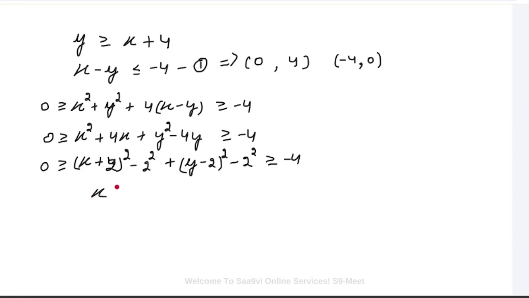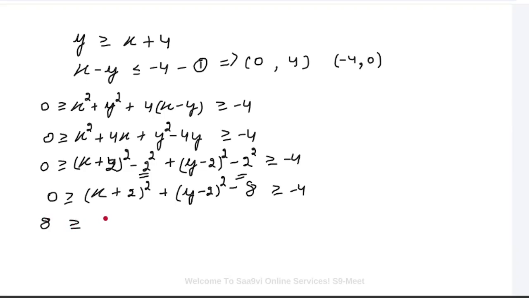Now, if I bring them together, this says x plus 2 whole square plus y minus 2 whole square minus 4 and minus 4, that is minus 8, is greater than or equal to minus 4 and less than or equal to 0. Now, if I add 8 on all these three sides, this is x plus 2 whole square plus y minus 2 whole square. Minus 8 plus 8 gets cancelled, and minus 4 plus 8 is 4.